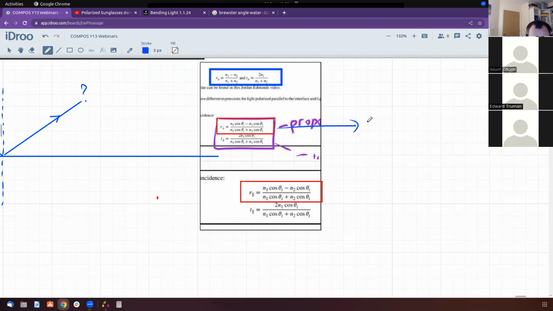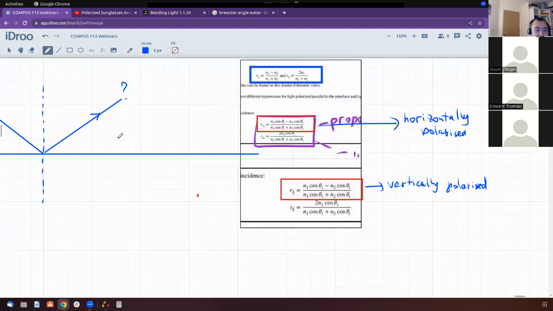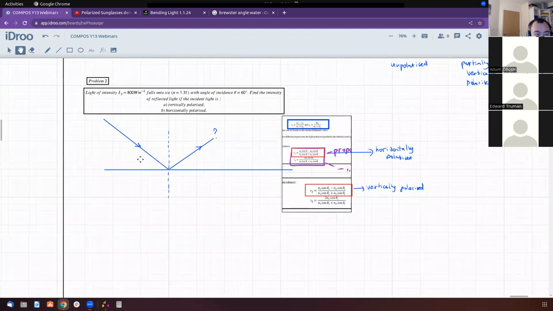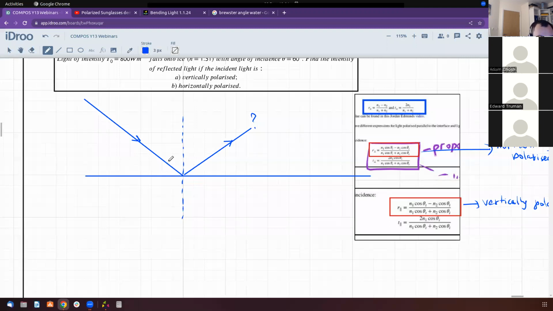This is for perpendicular, so that's horizontally polarized light, and this is vertically polarized, because this is parallel to the plane of incidence. Right, so this angle theta incidence is 60 degrees.